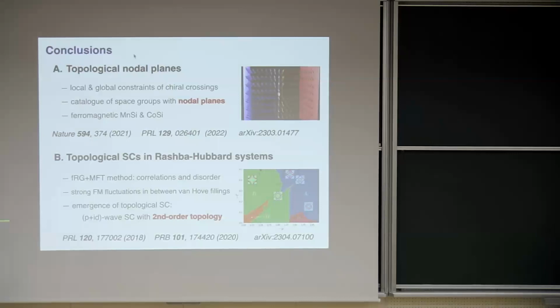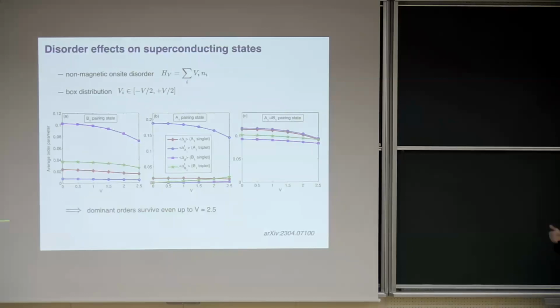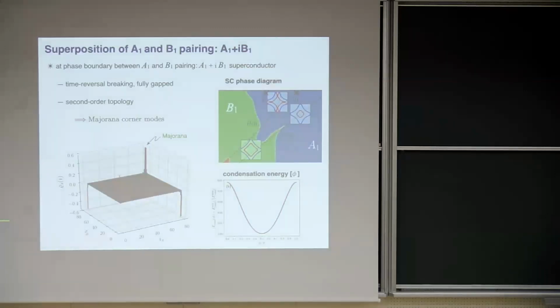Oftentimes, if you have irreducible representations with two components, you can take each of these components and combine them with an arbitrary phase. Here, A1 and B1 are not the two members of a two-dimensional irrep, so that's why this can only occur at this phase boundary. You need to be at this phase boundary where both order parameters have a similar magnitude, and then you can combine them with an arbitrary phase.